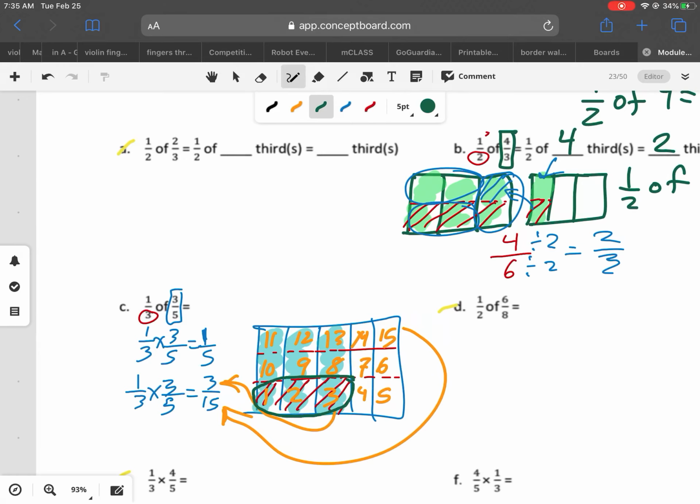Now, to get the 1/5, we're going to group our squares together, and we have 1 into groups of 3. Why 3? Well, there's only 3 in one group, so I'm going to try 3 first. 2, 3, 4, 5. Again, there's 1, 2, 3, 4, 5.